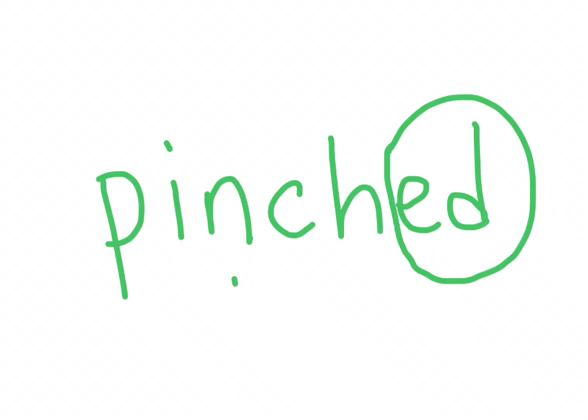But if the base word ends in an unvoiced sound, it's going to have a T sound. So actually CH is unvoiced, pinched. And that's why it's going to have that T sound.